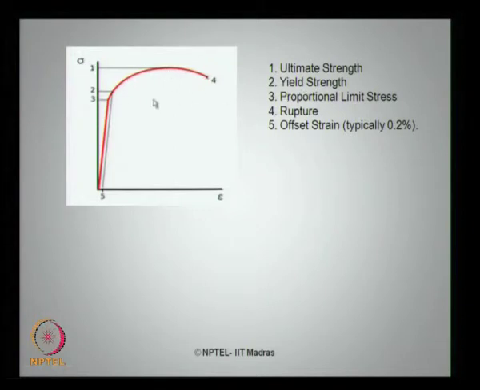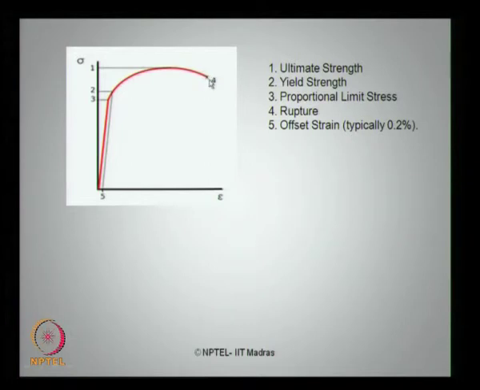Yield strength is the point from which the yield level can be estimated, again a strength value shown on the stress axis. Of course, the proportional limit is the stress up to which the stress strain curve remains linear, which we all understand, and 4 is the point of rupture where the material actually forms a neck and ruptures.